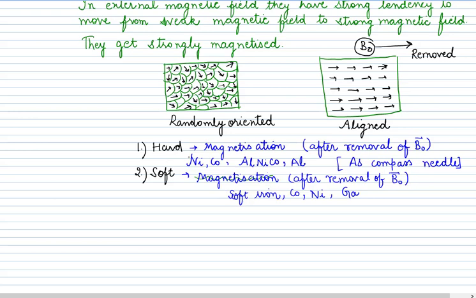So we can say that for the hard magnetic materials, there is still some magnetization even after the removal of the external magnetic field, whereas for the soft ferromagnetic materials, there is no magnetization after the removal of the external magnetic field. This is the basic difference between the hard and soft ferromagnetic materials.